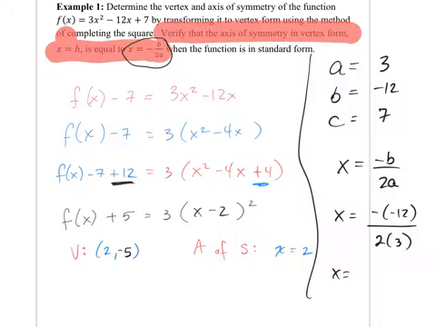That'll give me +12 over 6. +12 over 6 is simply 2. So either way you do this, you get the same axis of symmetry either way. So without doing that work, we're just able to convert it from that form to the formula form.